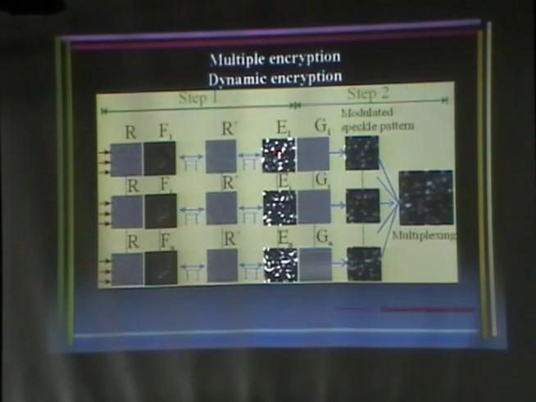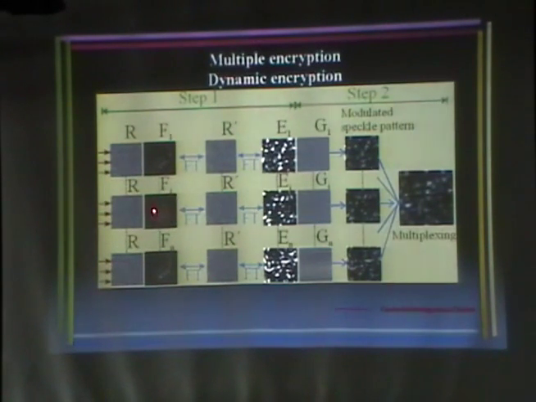Onto the encrypted image, you modulate it with a low frequency grating, as was described in our first talk. And you get a modulated speckle pattern.